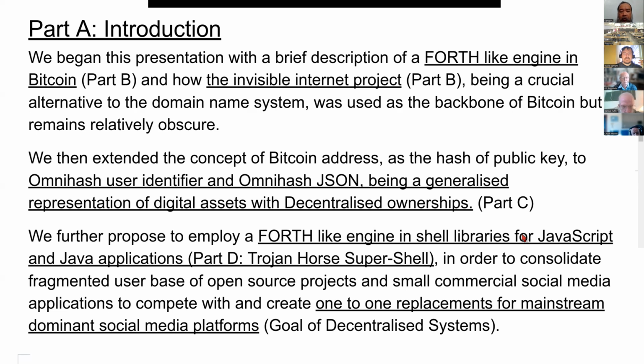And in part D, I will talk about how we can use Forth again to extend a different project through the user ID. And of course, we'd like to clarify the goal of doing this: to create a one-to-one replacement for mainstream social media.